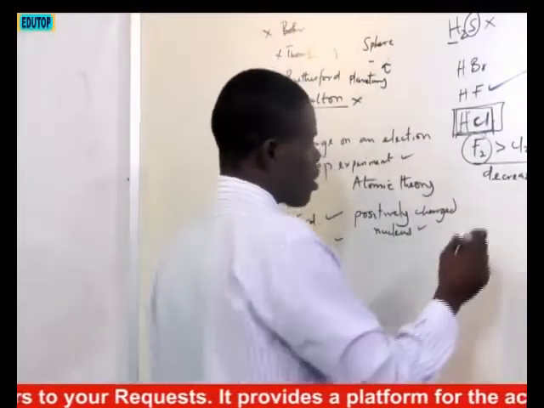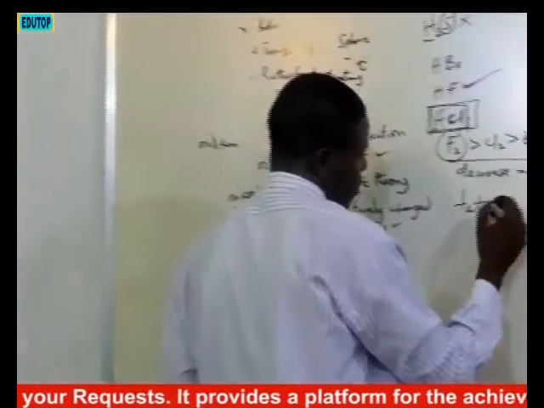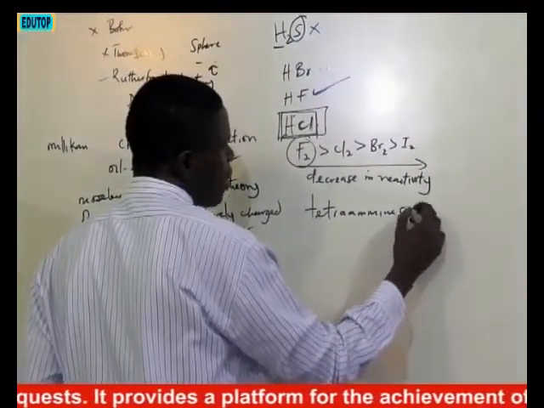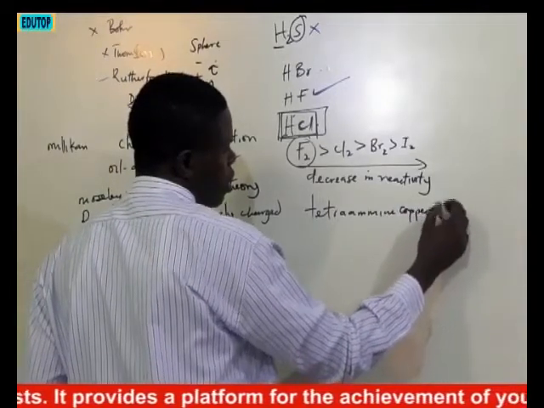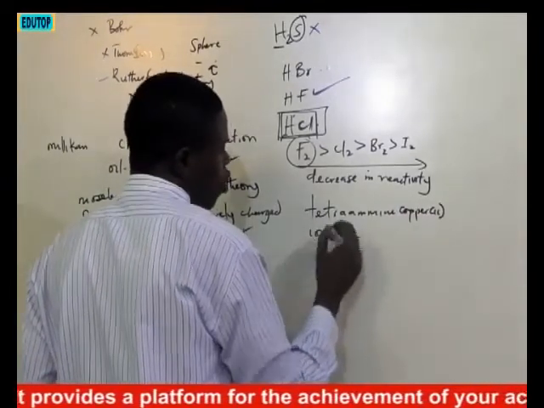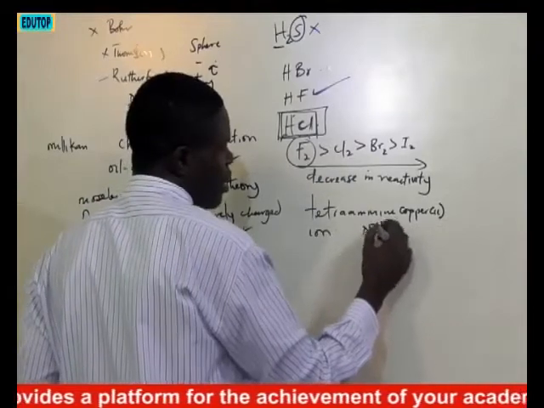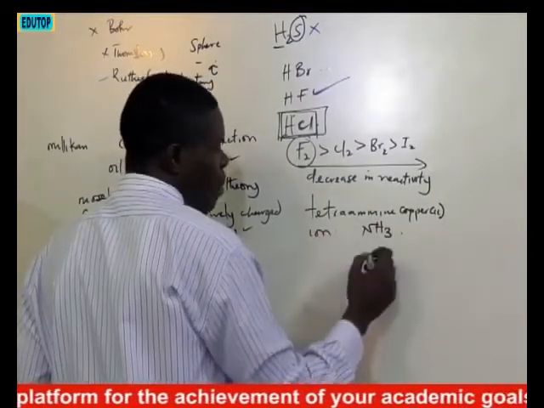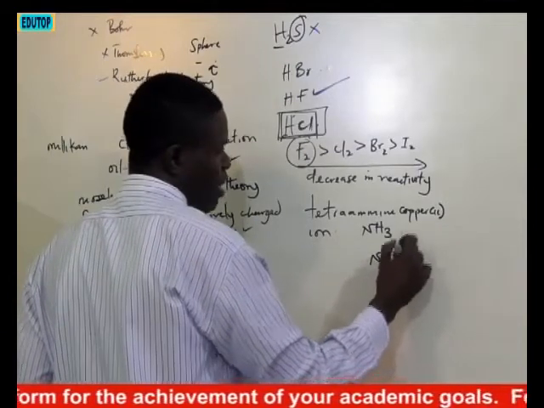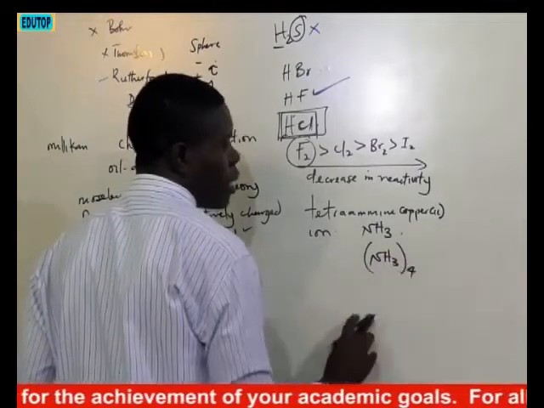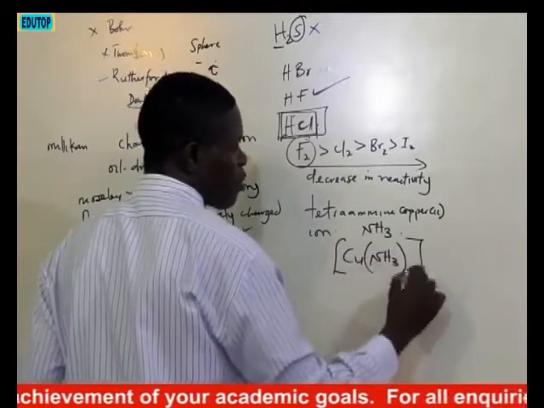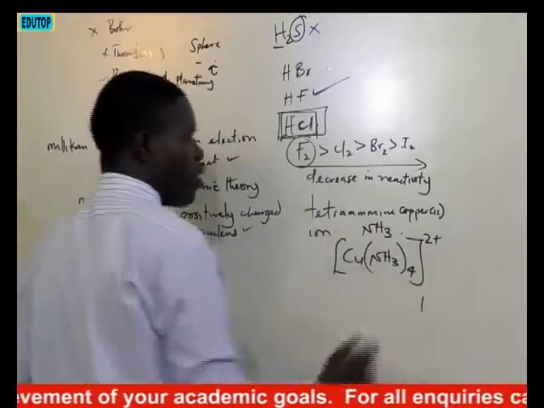So when we talk about tetraamine copper 2 ion, what is amine? Amine is NH3. Then you are saying tetra. Tetra means 4, so you have it as 4 this way. Then copper 2. Copper is here. Then you have something like this, 2 plus. So this is the ion.